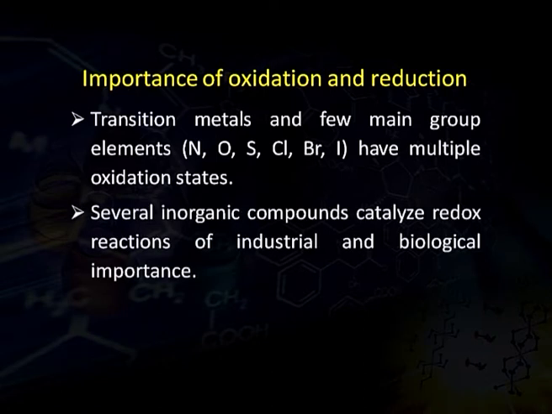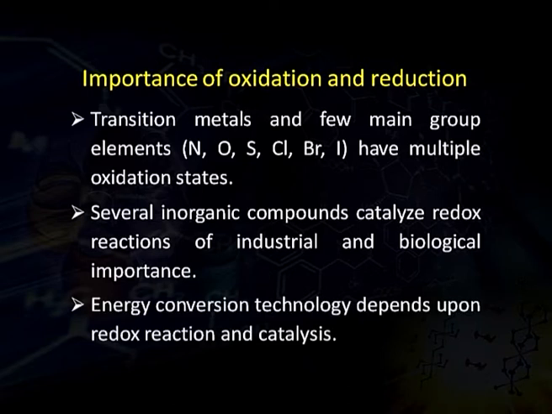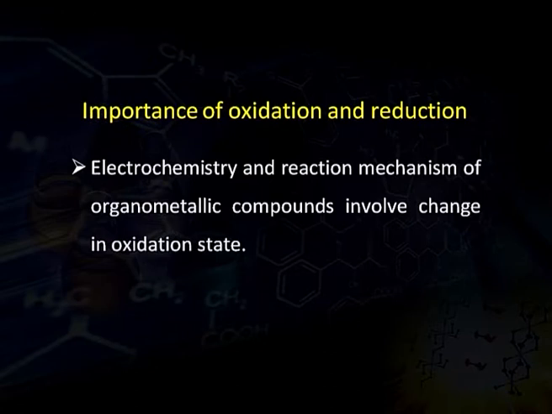Several inorganic compounds catalyze redox reactions of industrial and biological importance. Further, energy conversion technology depends upon redox reaction and associated catalysis. Electrochemistry and reaction mechanism of organometallic compounds involve change in oxidation state.